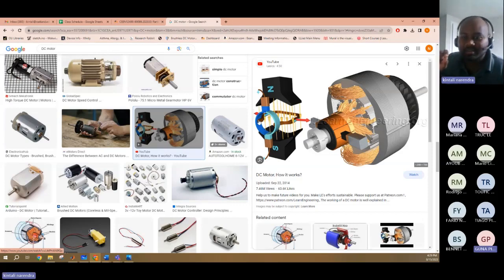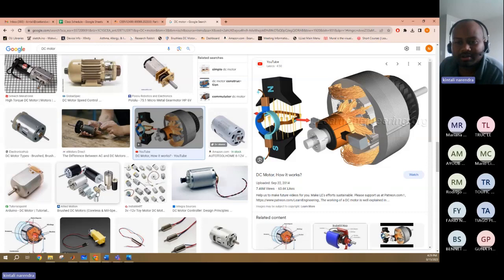Whereas in all the home appliances, the motors are mostly DC motors, brushed DC motors, because they're very easy, very simple, and you can minimize the size. You have seen, they are so small.